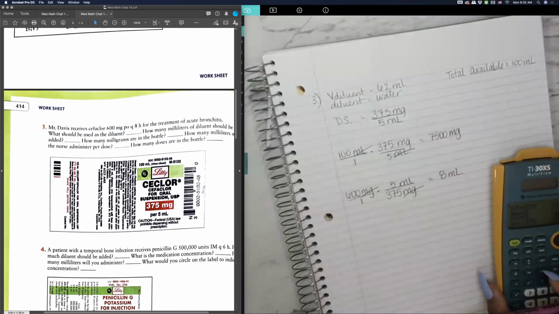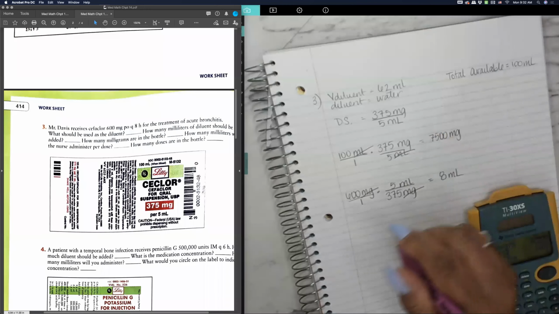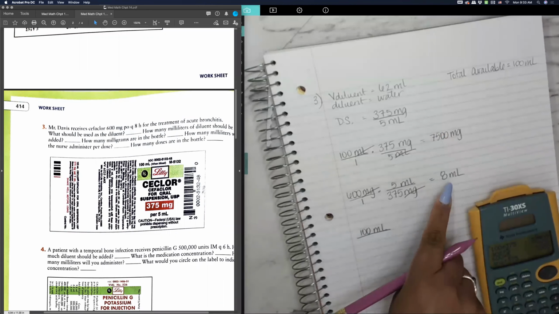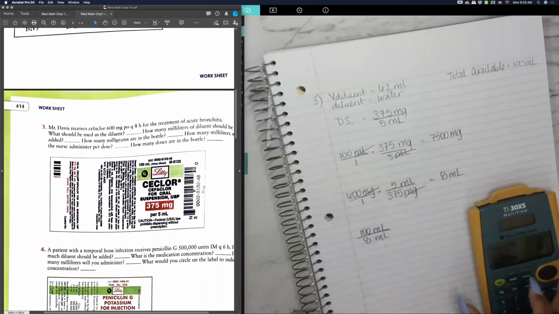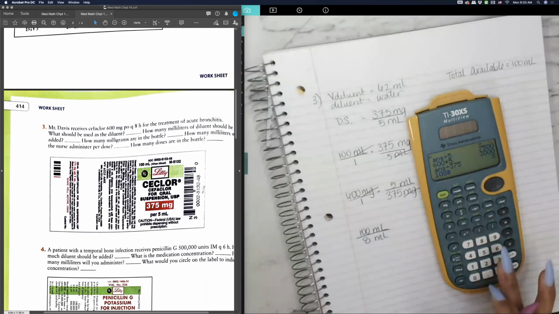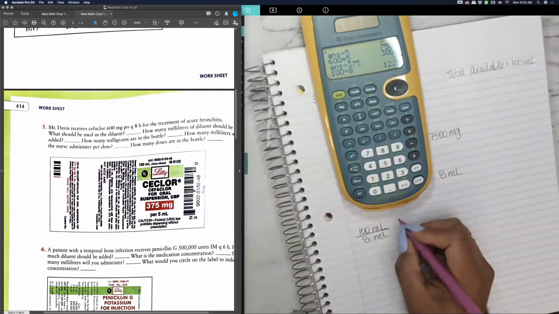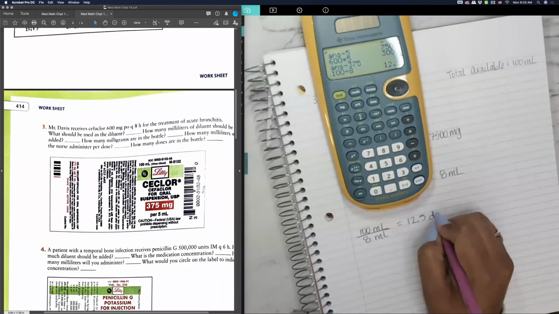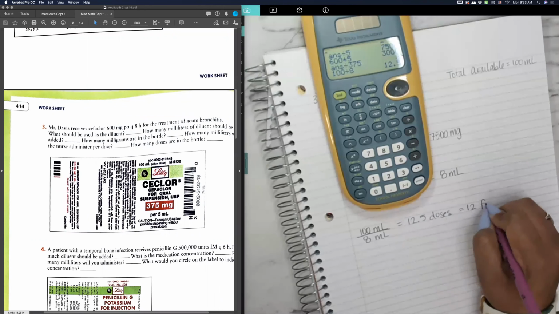Okay, so then we know our total available volume is 100 milliliters. We're administering 8 milliliters to our patient per dose. So we're going to take 100 divided by 8, and that's going to give us 12.5 doses, or 12 full doses.